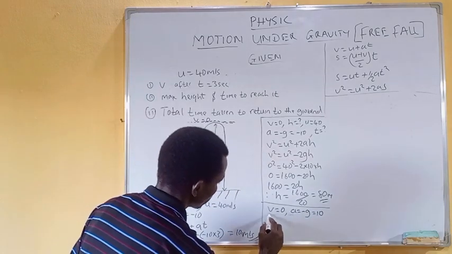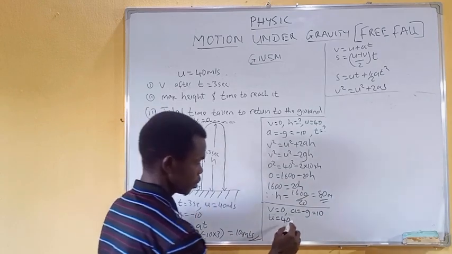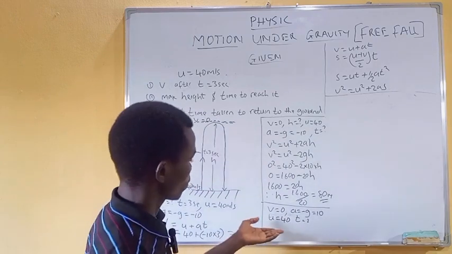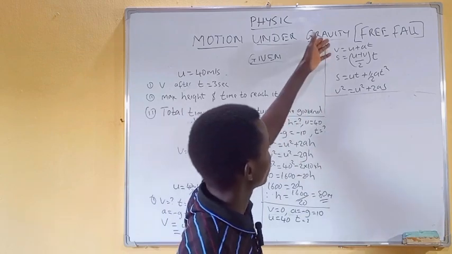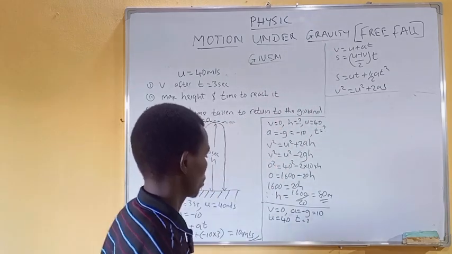So that initial velocity is equal to 40. We have to find time. If you compare these parameters with the equations, you can find time using equation 1.